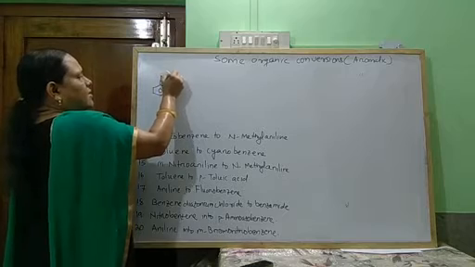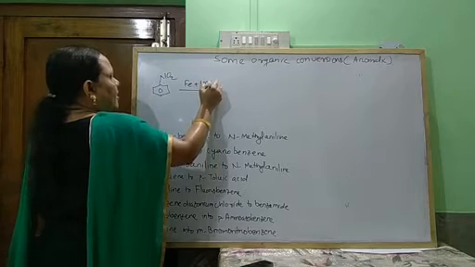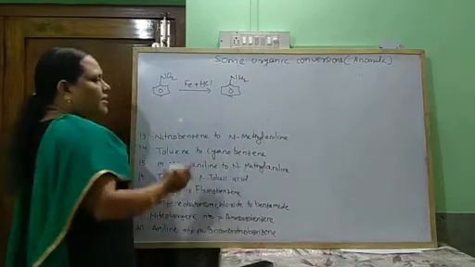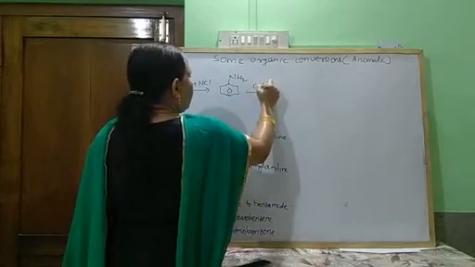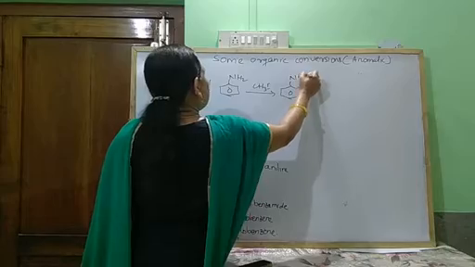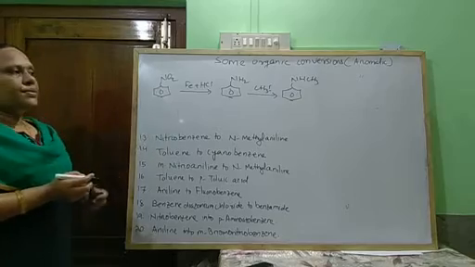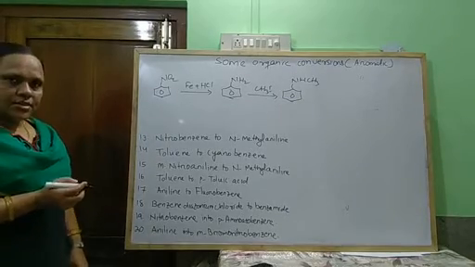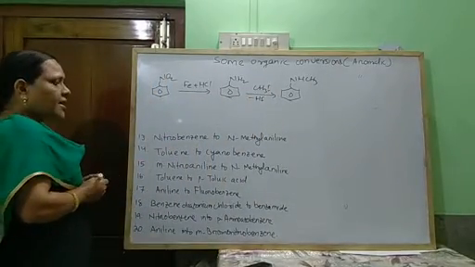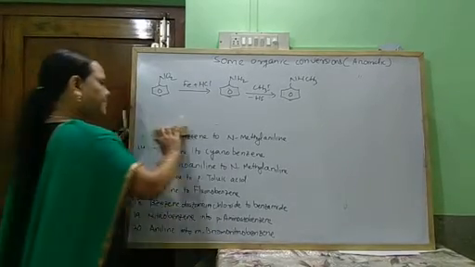This is nitrobenzene treated with iron and hydrochloric acid forms aniline, and aniline treated with methyl iodide, it forms N-methyl aniline. Nitrobenzene to N-methyl aniline. Just a two-step reaction. Here minus HI is there. Next, toluene to cyanobenzene.